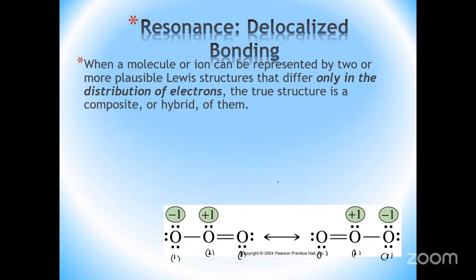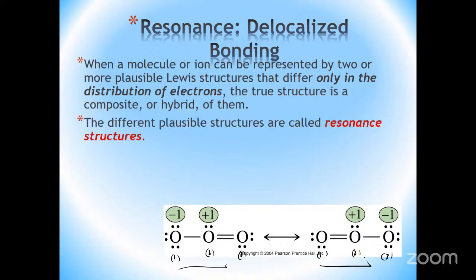So what the resonance theory says is that neither this structure nor this structure represents the true structure of ozone. Instead, the true structure of ozone is a hybrid of those structures.